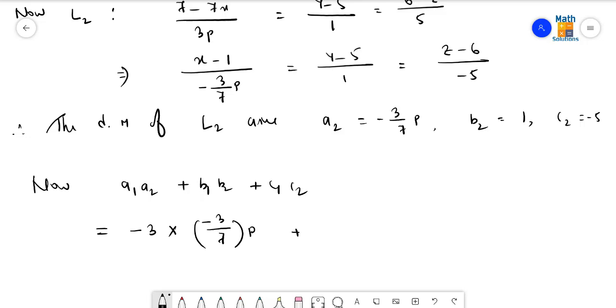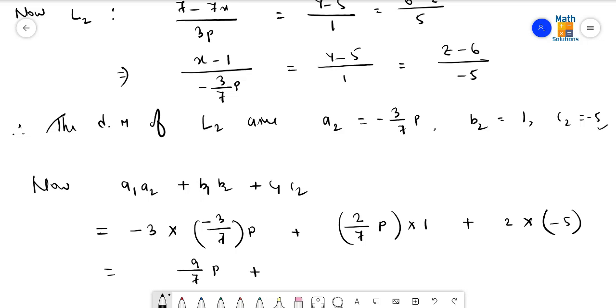After that, for B1 we were supposed to put 2 by 7p. That is again multiplied with 1. Then from the first line, the last direction ratio was 2. That should be multiplied with this one, minus 5. So ultimately what result did we get? 9 by 7p plus 2p by 7.